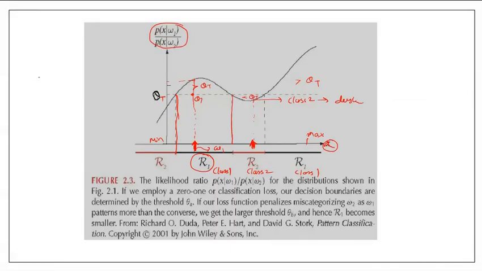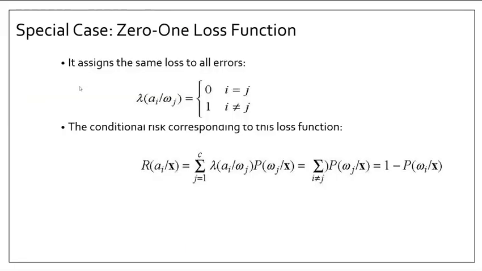So what we have done here is we have taken into account the loss. So in my decision, loss is incorporated with the probability. Okay, so we will take one example so that these things are more clear.